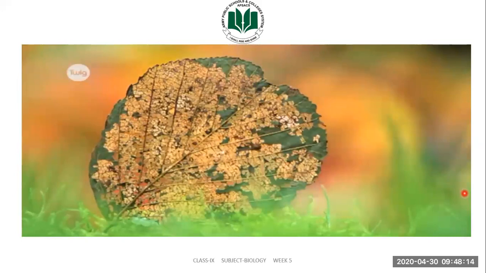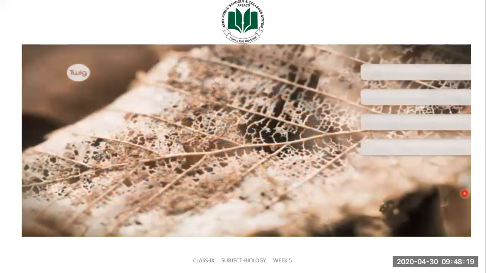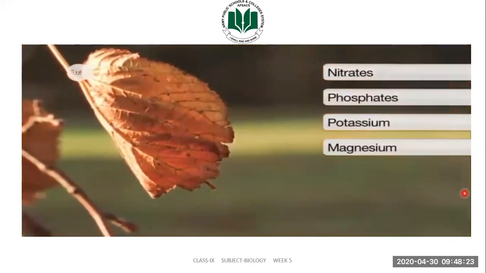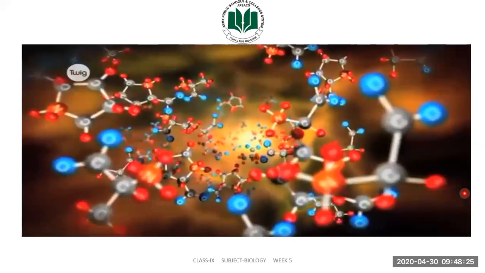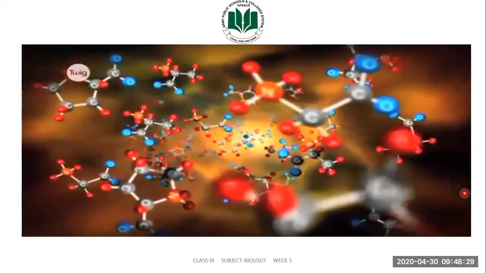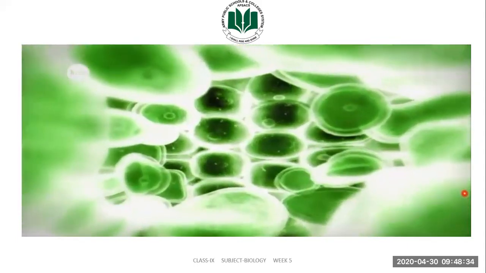The problems are particularly bad if the plant lacks one of 4 key minerals. Nitrates are used for making amino acids, the building blocks of proteins. These are essential for every cell in the plant.